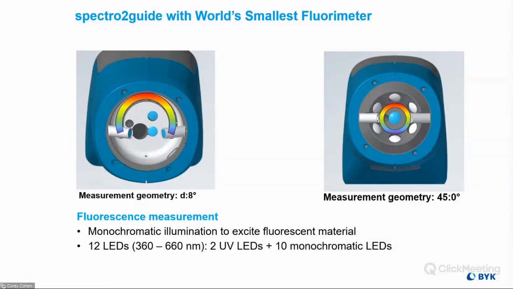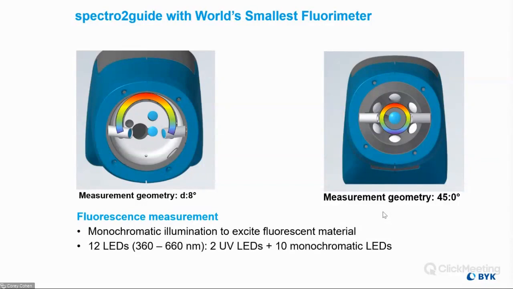It has these 12 individually colored, narrowband LEDs ranging from 360 to 660 nanometers. Each of these LEDs individually shines light on the sample, and then the instrument quantifies how much fluorescent light is coming back.